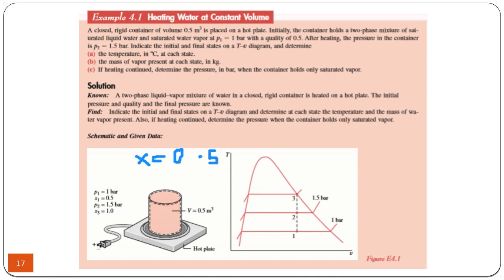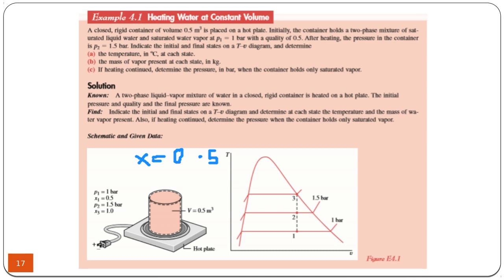As it's heated, because the volume is constant, it cannot expand. Because it cannot expand, the pressure must increase. So you can see that initially pressure was 1 atmosphere, 1 bar. When it's heated, the pressure becomes 1.5 bar. Then it's further heated until it becomes a saturated vapor.